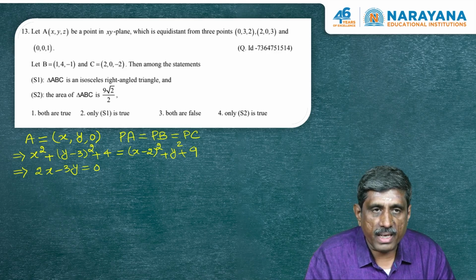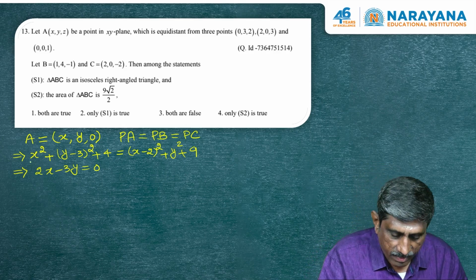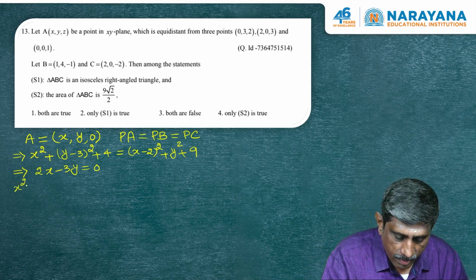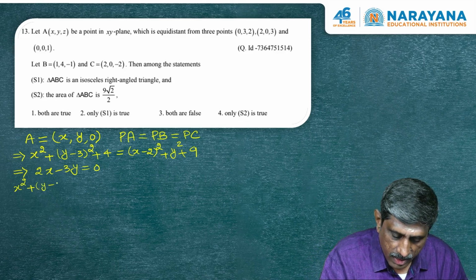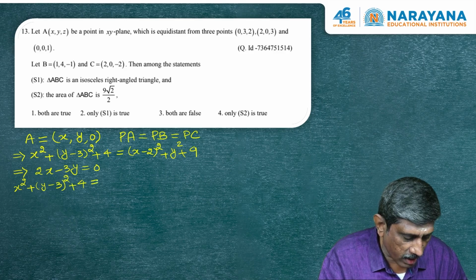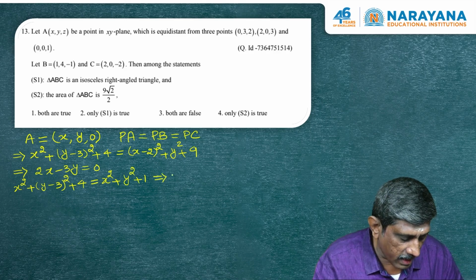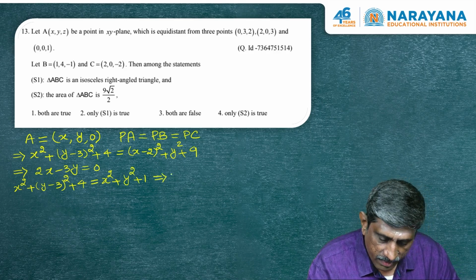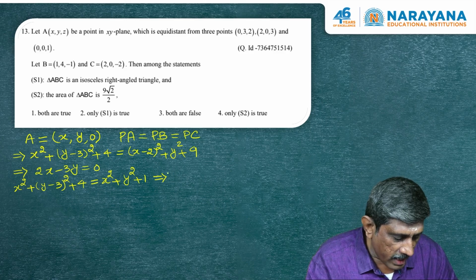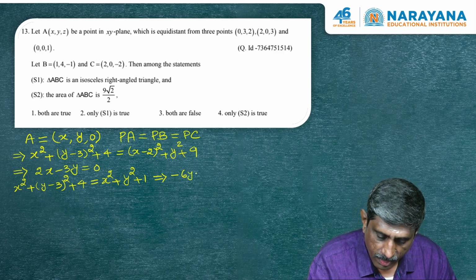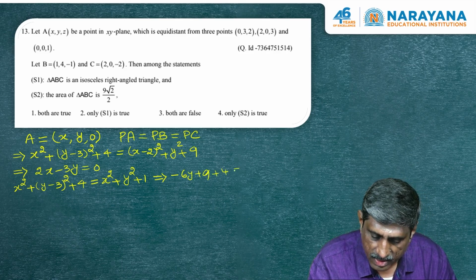Similarly, when we take PA is equal to PC, which is x square plus (y minus 3) the whole square plus 4 is equal to PC square, which is x square plus y square plus 1, and when we simplify, we are getting another equation, minus 6y plus 9 plus 4 is equal to 1.